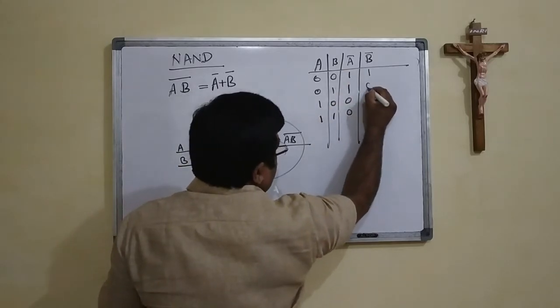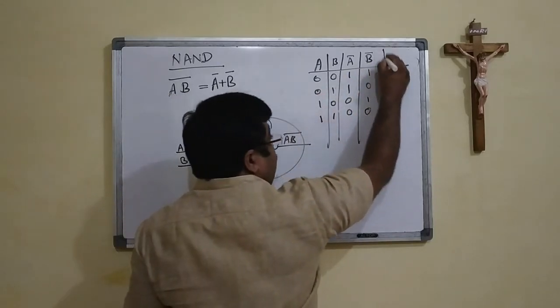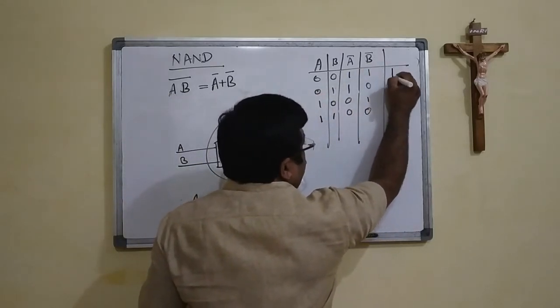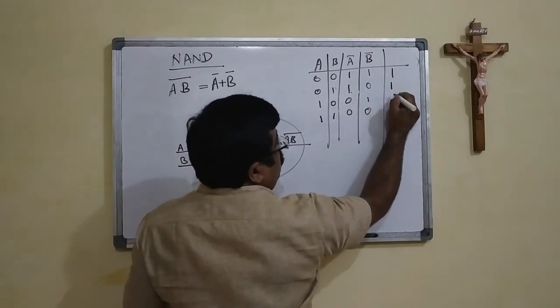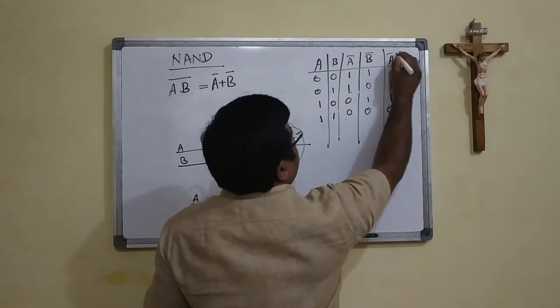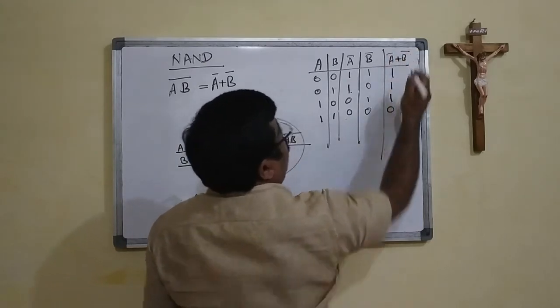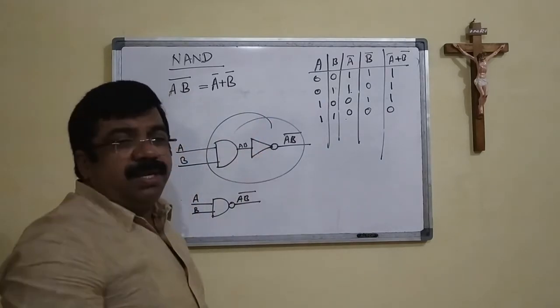This is 1 0, 1 0, complemented. Let us add A bar plus B bar. 1 plus 1 is 1, 0 plus 1 is 1, 1 plus 0 is 1, 0. This is A bar plus B bar. That is the truth table.